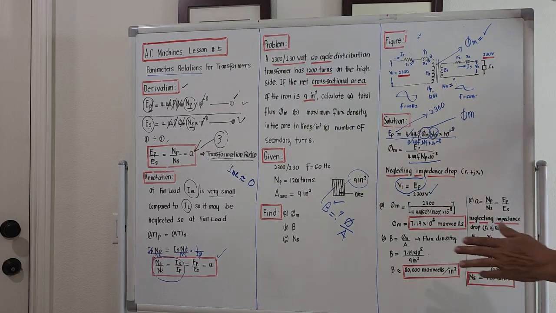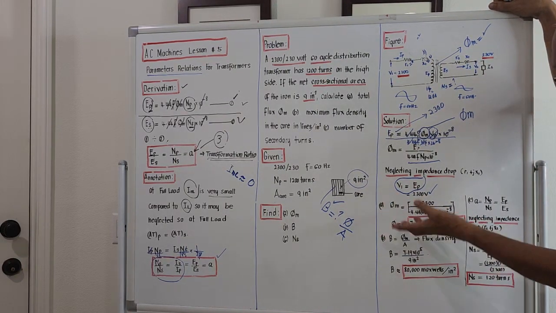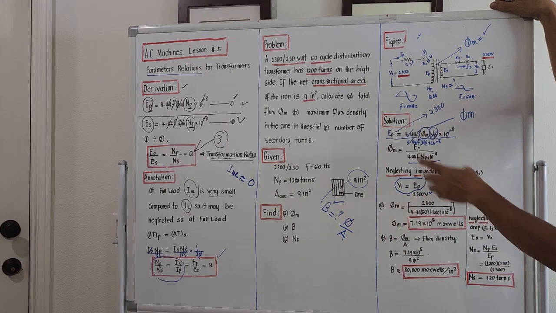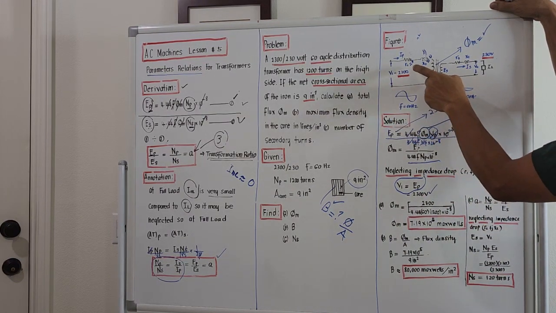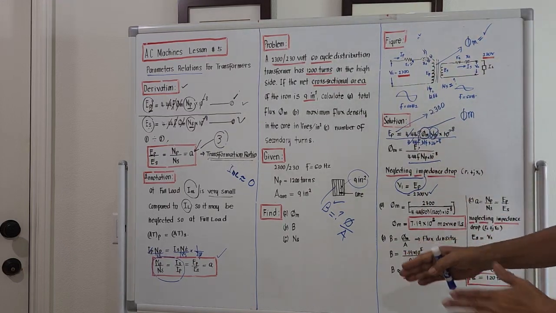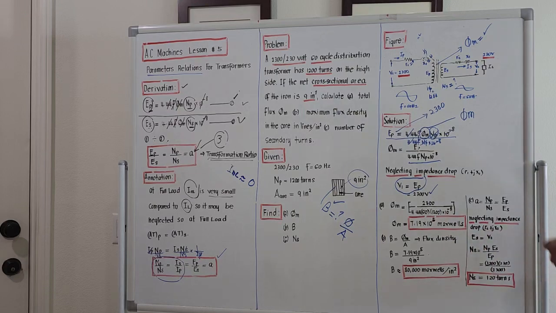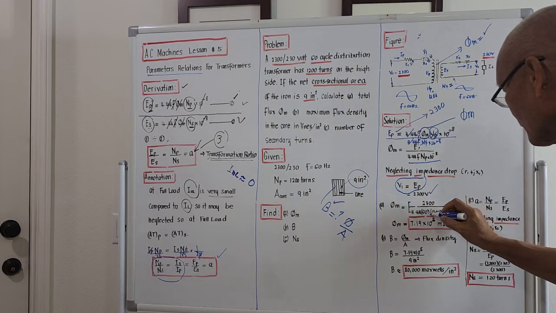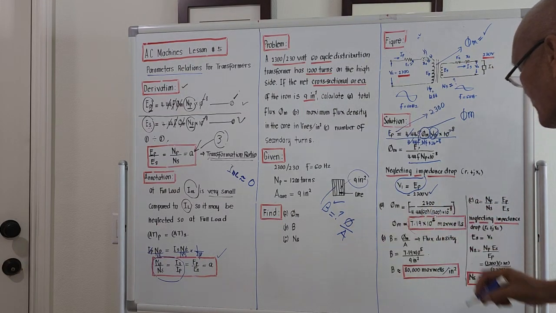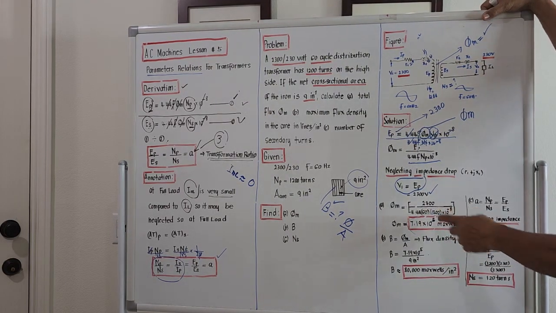So the maximum flux Φ sub M is 2300 over 4.44 times 60 times 1200 times 10 to the minus 8. Computing with your calculator, it's 7.19 times 10 to the 5th Maxwells.